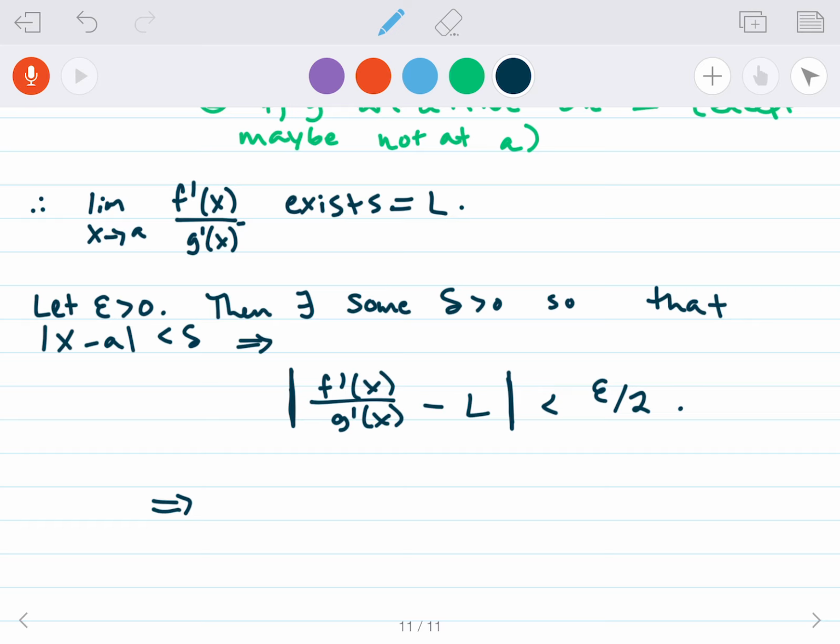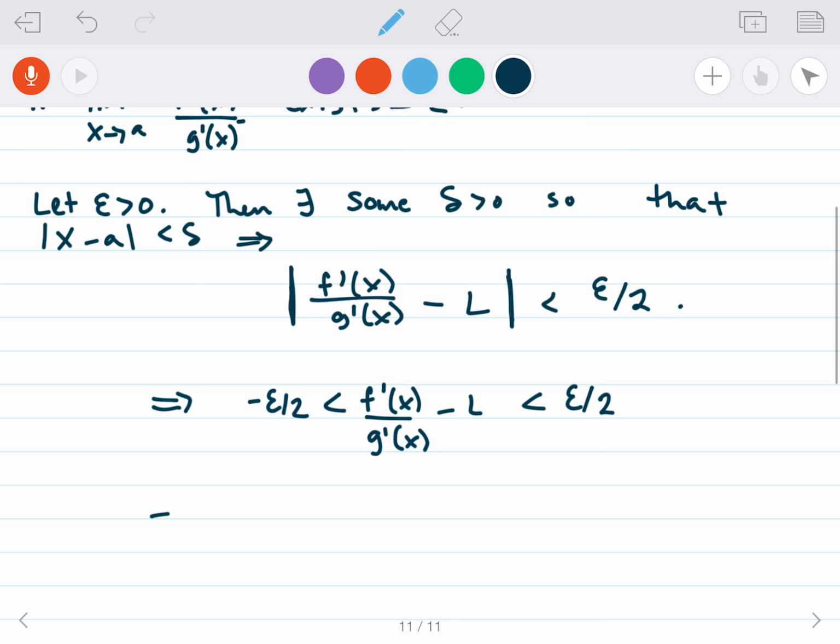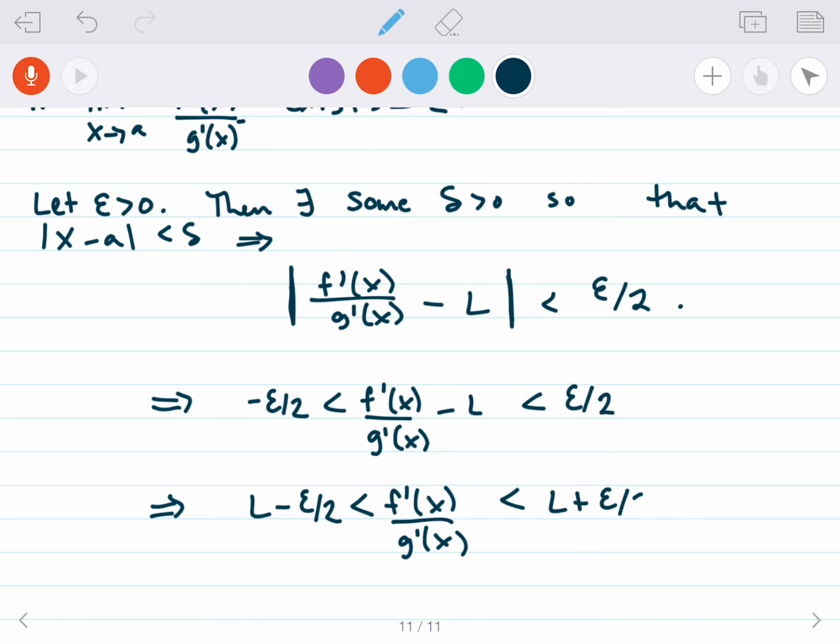Well, by properties of absolute values, this just means that f prime of x over g prime of x minus the limit is less than epsilon over 2 and greater than negative epsilon over 2. So unfolding this even more, f prime of x over g prime of x is going to be between L minus epsilon over 2 and L plus epsilon over 2.